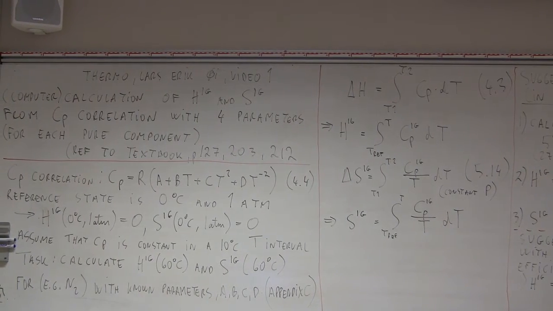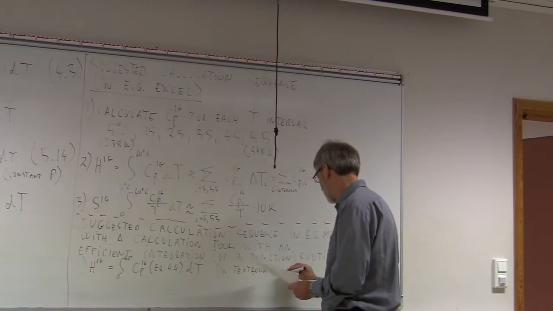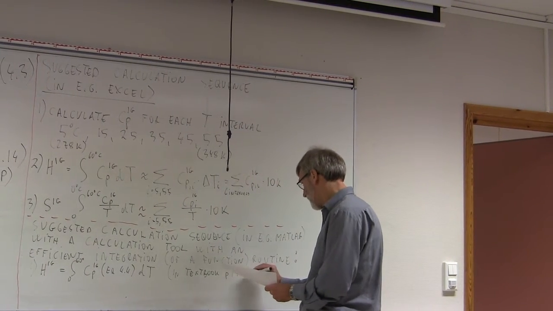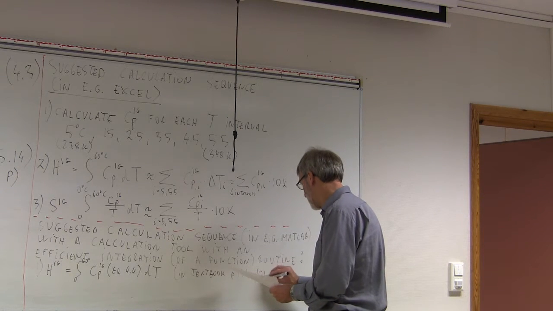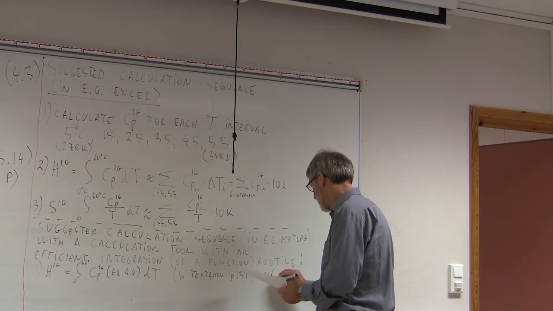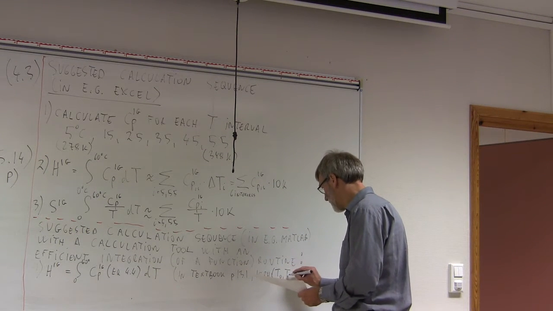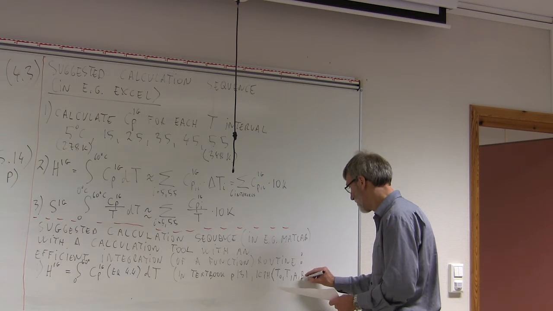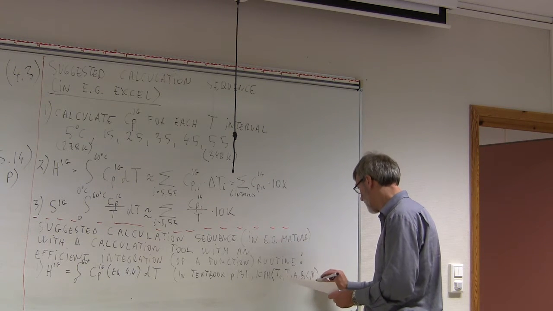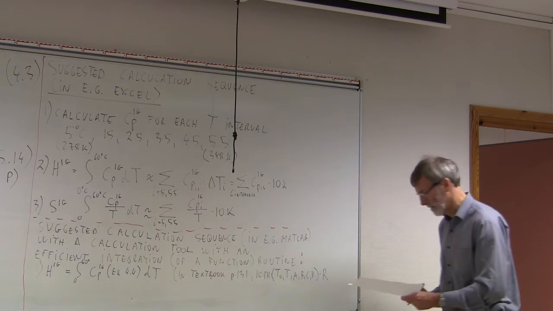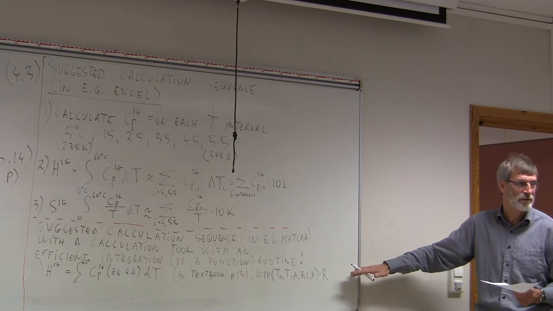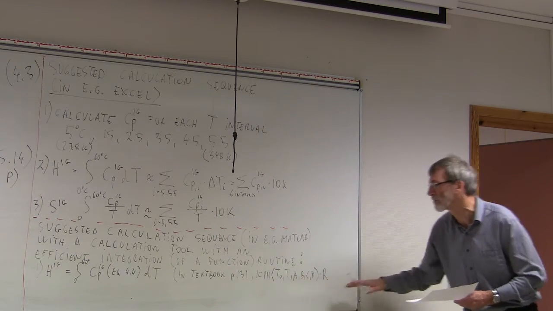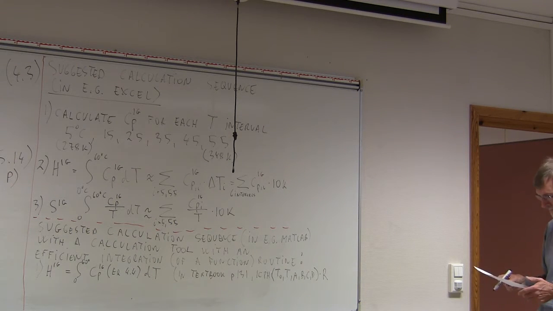In the textbook, page 131, we have ICPH as a function of T0, T, A, B, C, D times R. This is a routine that makes it possible to calculate the ideal gas enthalpy.